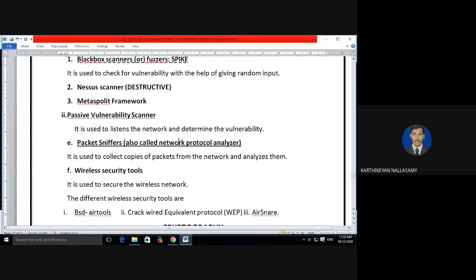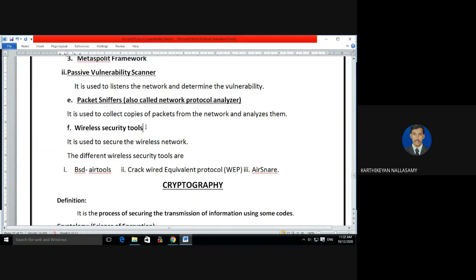It is called network analysis. We are just going to analyze the packets. And for wireless security tools, normally we use tools to crack Wired Equivalent Privacy, that is called WEP. These are some of the wireless security tools that are preferred, but nowadays a number of other tools also exist.